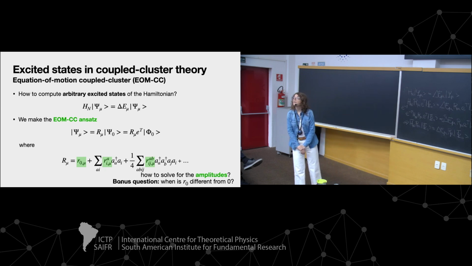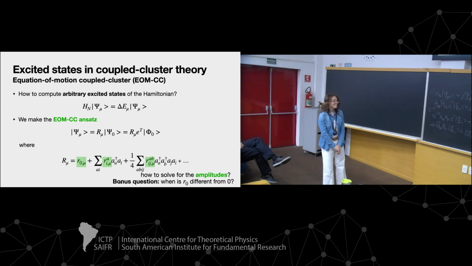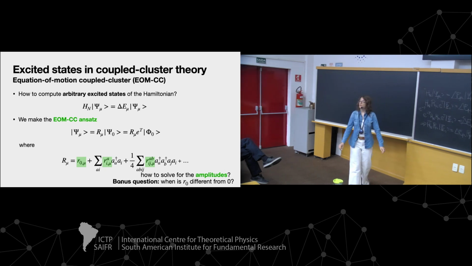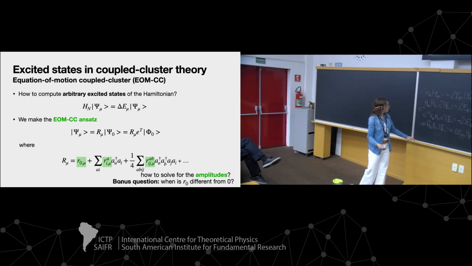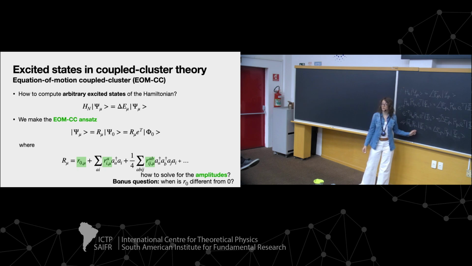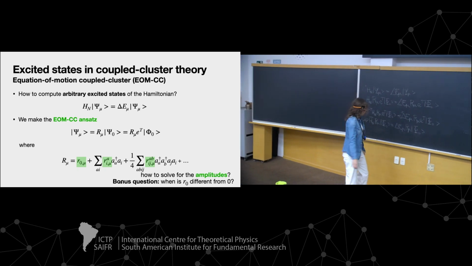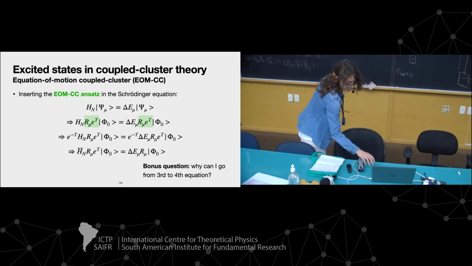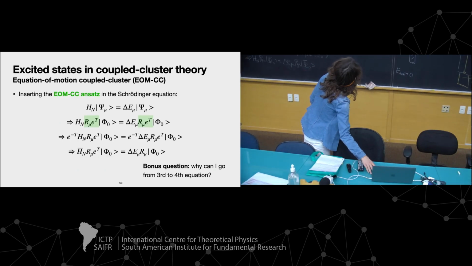Why do they commute? Exactly. So they have the same structure, they commute, and so we can write the equation in this way. And this is actually what is shown here.